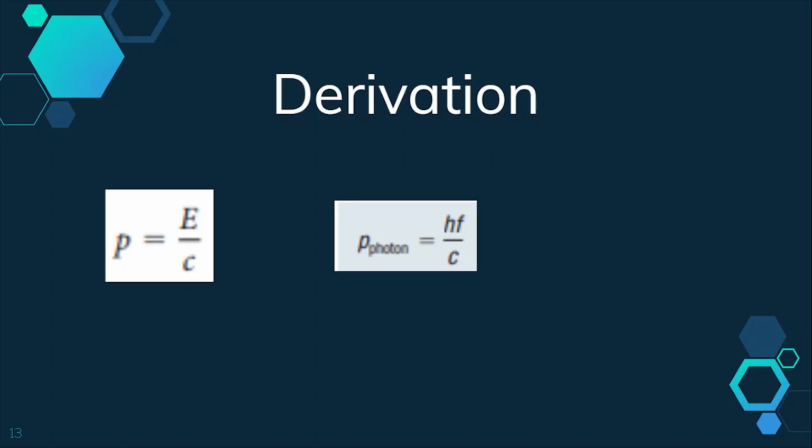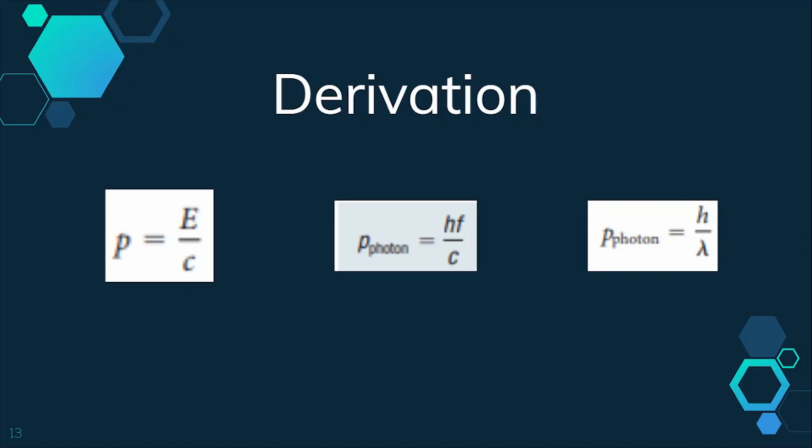Since we know the speed of light, c, is equal to wavelength times frequency, we can also substitute that into the equation. And this results in frequency being cancelled, which gives you a final photon momentum equation: the momentum of a photon is equal to Planck's constant divided by the wavelength.